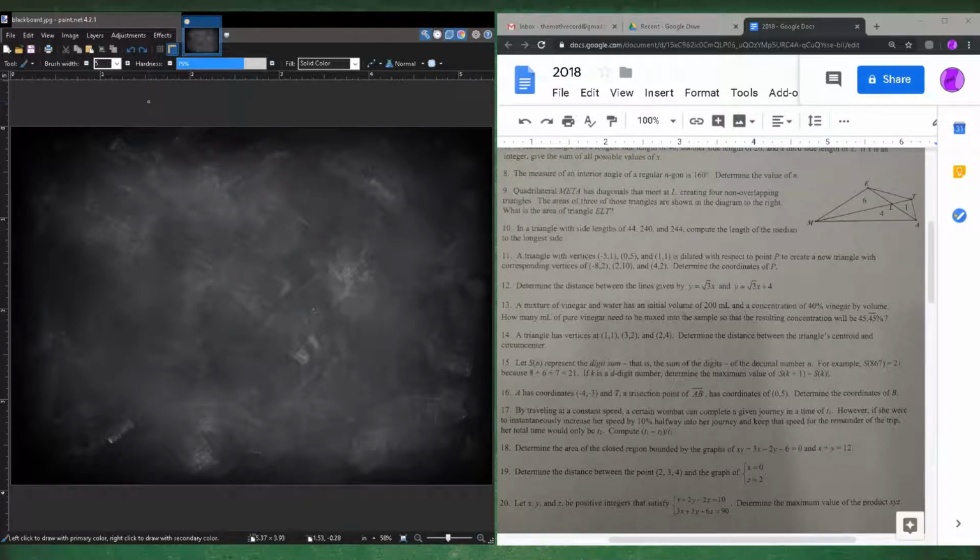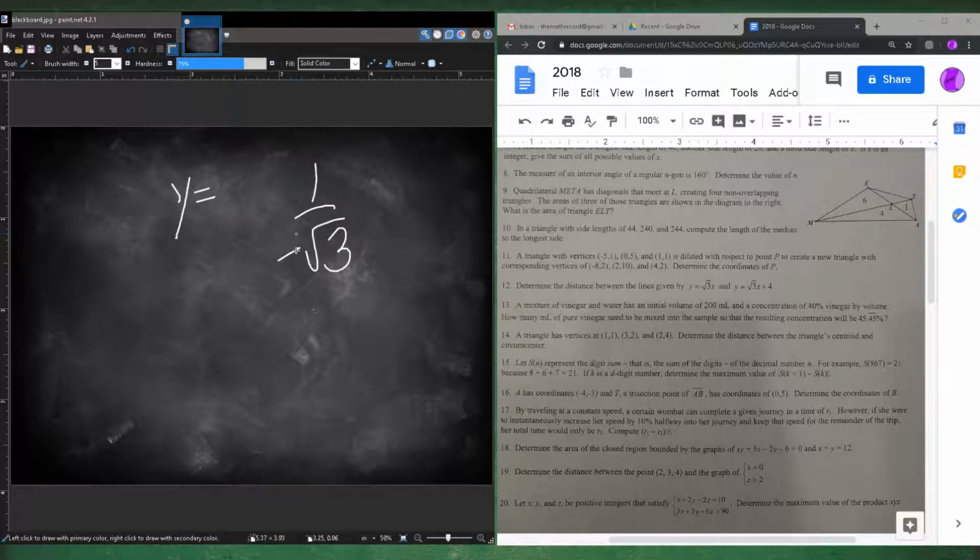And it's really easy. So what you have to do is find a perpendicular line, so you have a perpendicular slope, right? Perpendicular slope is just opposite and reciprocal. So the opposite of square root 3 is negative square root 3, and the reciprocal is 1 over negative square root 3, right?